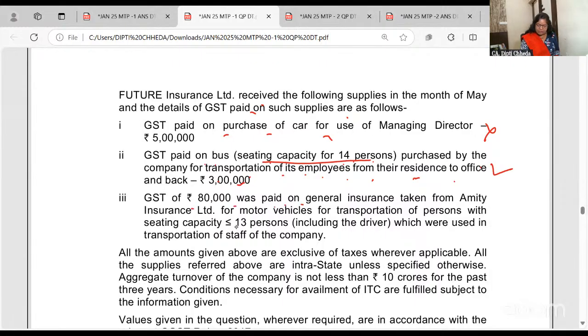GST of 80,000 was paid on general insurance taken for a motor vehicle with sitting capacity of less than 13 persons. See, less than 13 persons is not allowed, but it will be allowed if it is in the same line of business. What is our line of business? Insurance. And we have also taken a general insurance from another company, right?